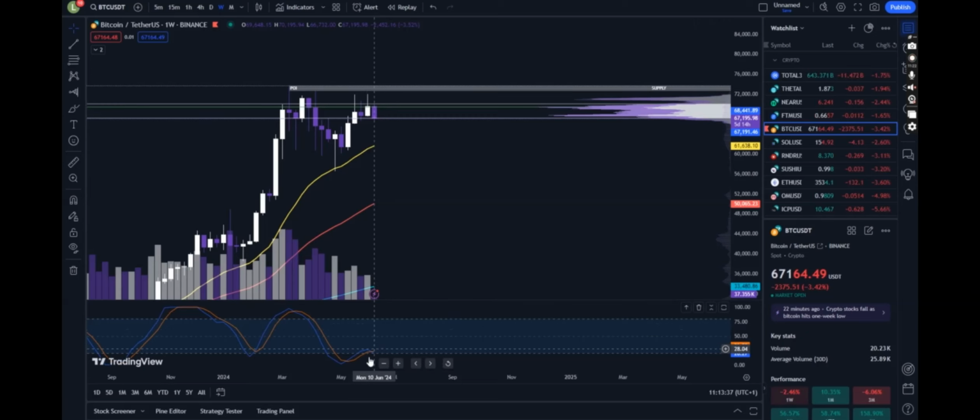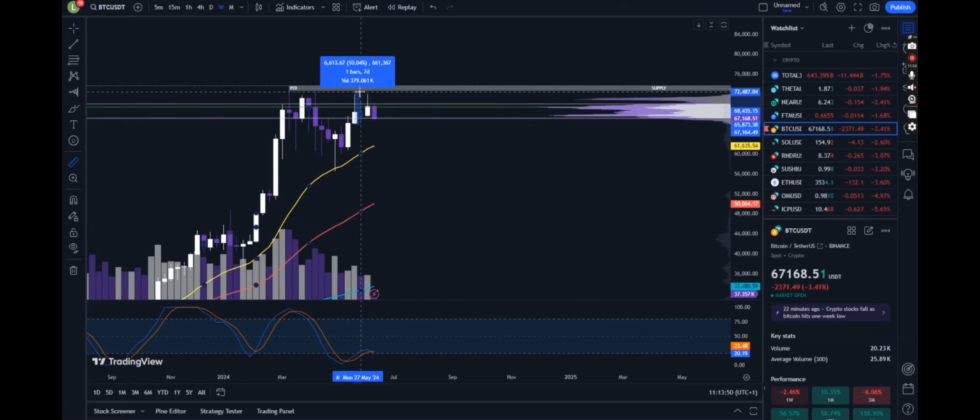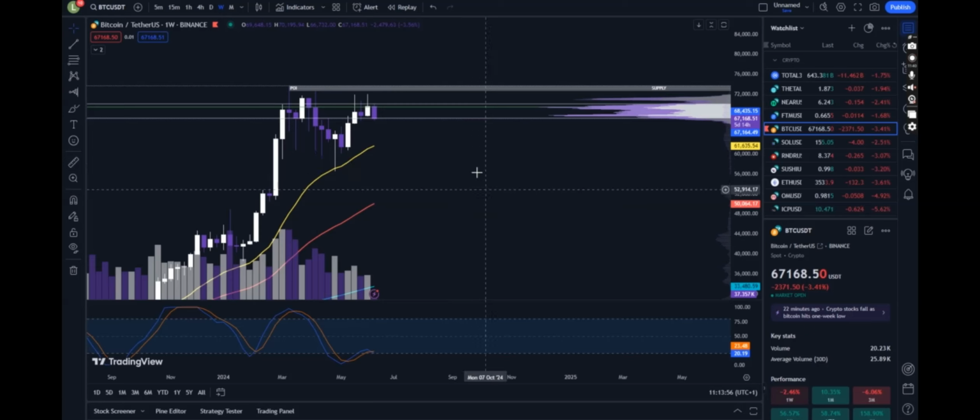Don't get me wrong, if you're looking at the stochastic RSI, yeah, you're at the bottom here, and that would have been a good buy on that crossover there. Trade it back to the 72k range, then it's only an 8% move, but if you're using leverage, it's a decent move.